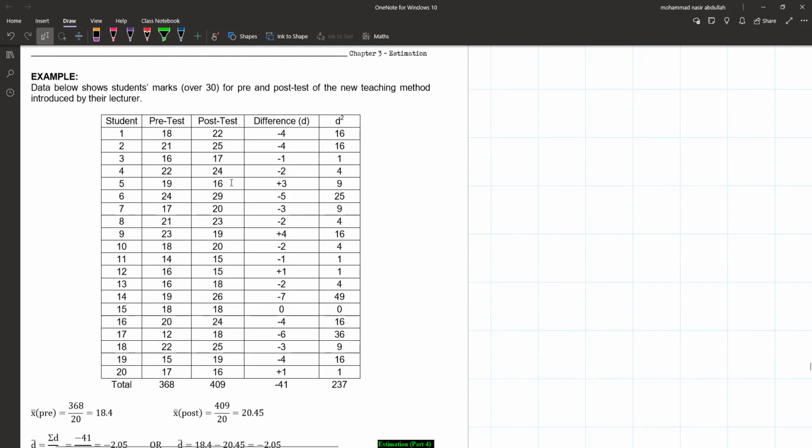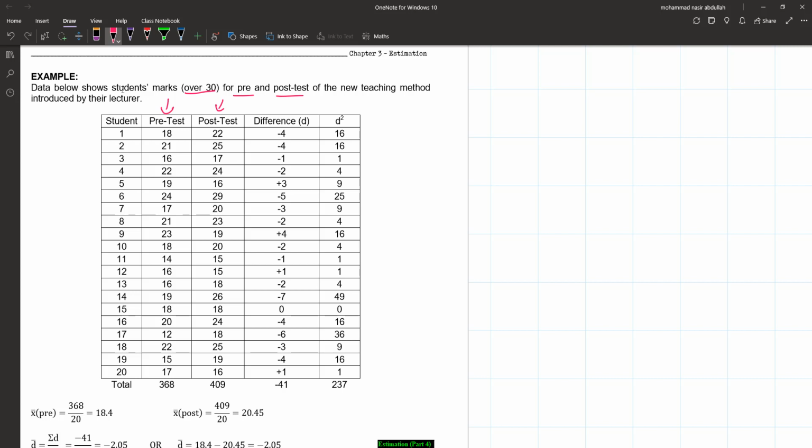So now let's look at an example. This example shows student marks over 30 for pre and post of a new teaching method, right? We have 20 students who took a pre-test and post-test.